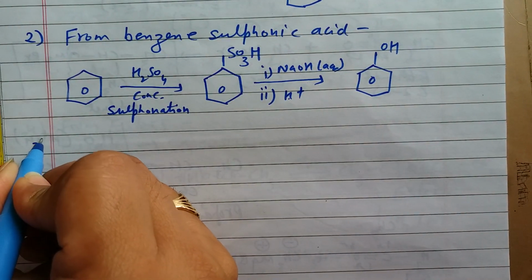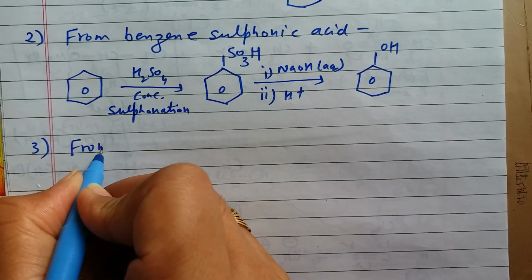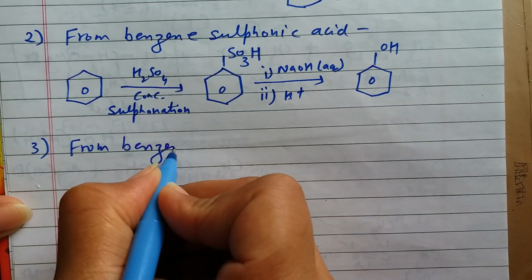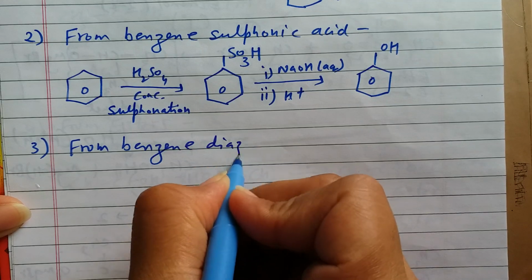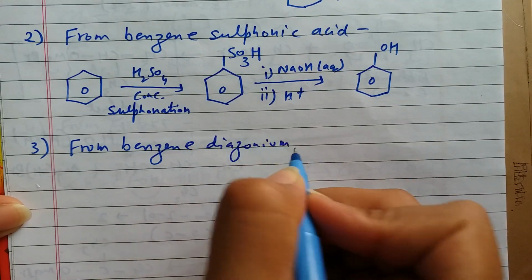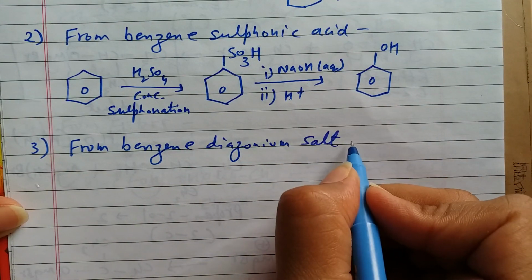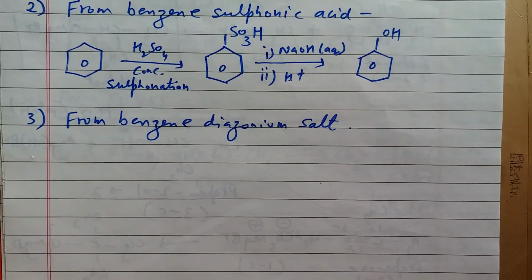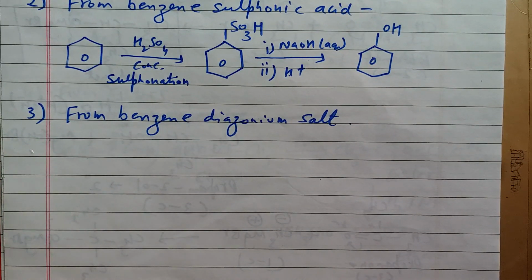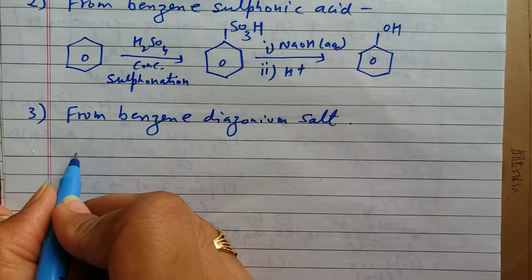The third method is from benzene diazonium salt. Even benzene diazonium salts we have talked about in the last chapter, that is haloalkanes and haloarenes, right? Let me then remind you how these were prepared.